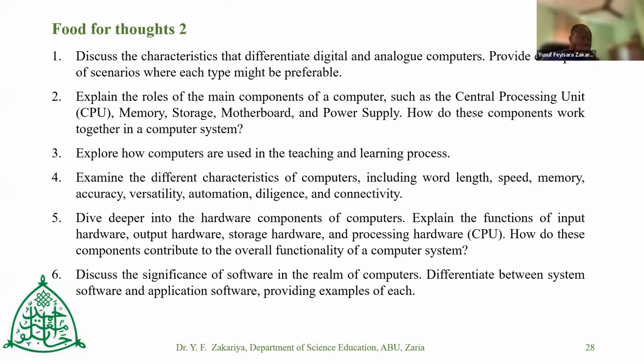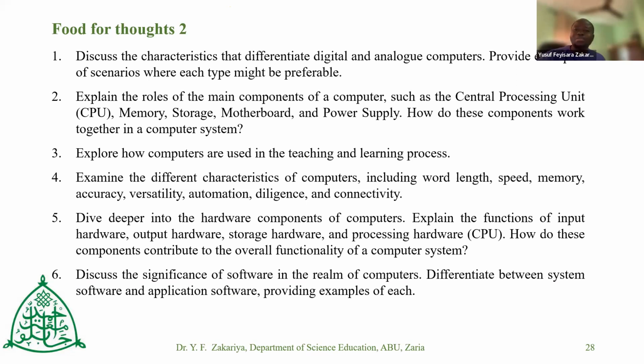The last question we consider today is, discuss the significance of software in the realm of computers. Discuss. When you have to discuss, you have to write a note. Discuss here means you will tell us what software is, you will give examples of software, then you give the significance of this software.